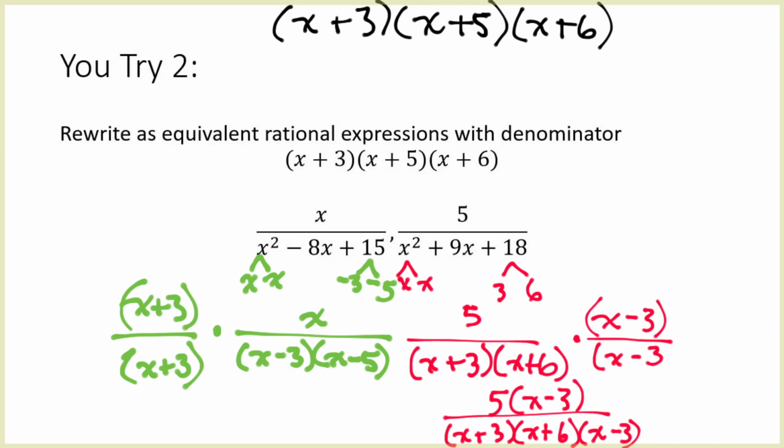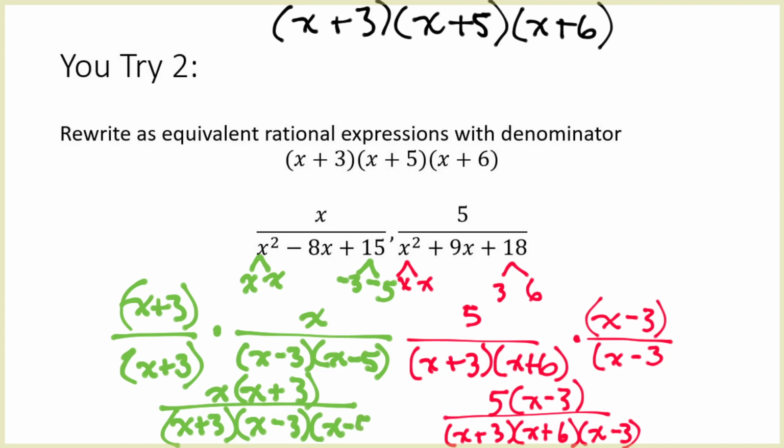This one on the left will be x times x plus 3 over x plus 3 times x minus 3 times x minus 5. I'm going to make myself some more room again.